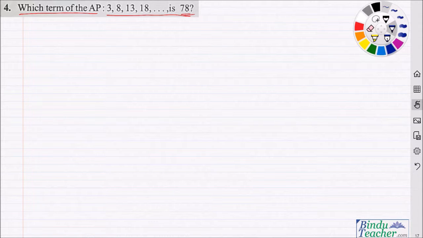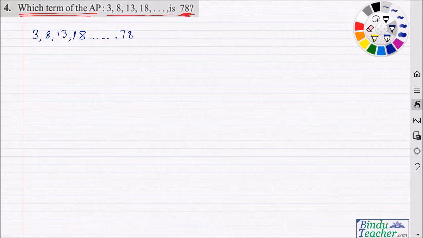So how do we solve this? First, we will write the list of numbers. We have 3, 8, 13, 18. Now let's read the question again. It says, which term of the arithmetic progression is 78? So what they're saying is, somewhere in this list, we have 78.